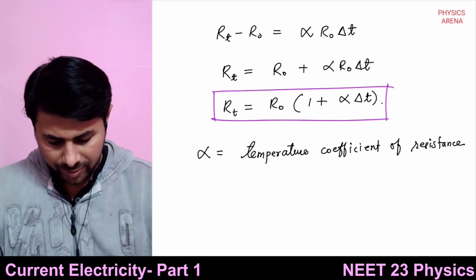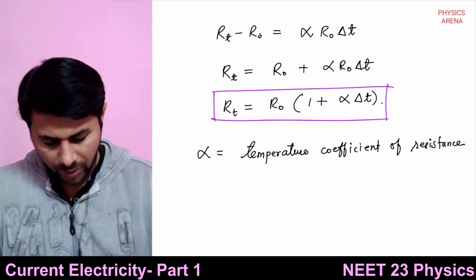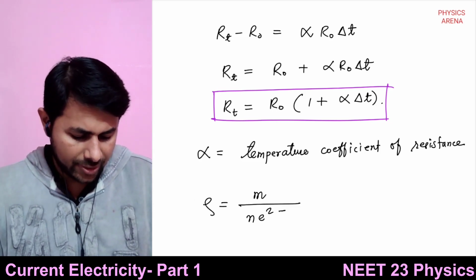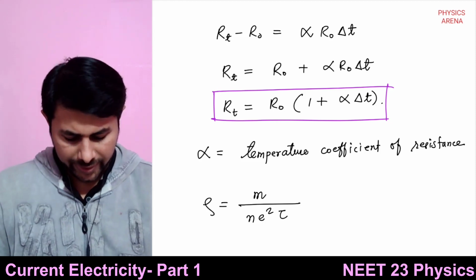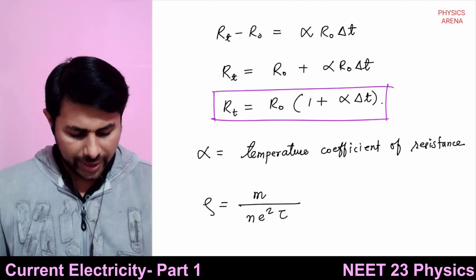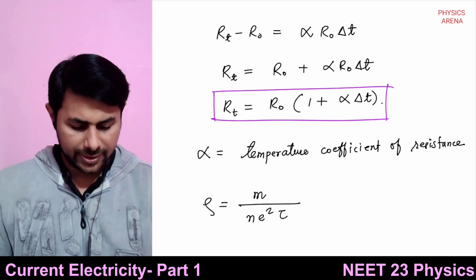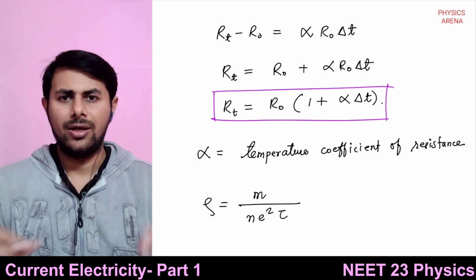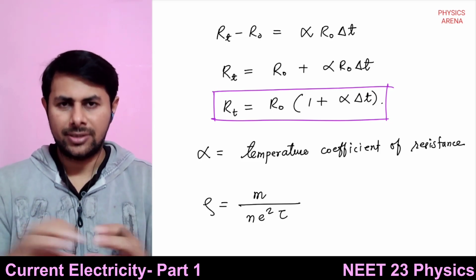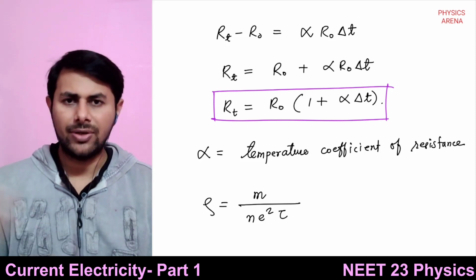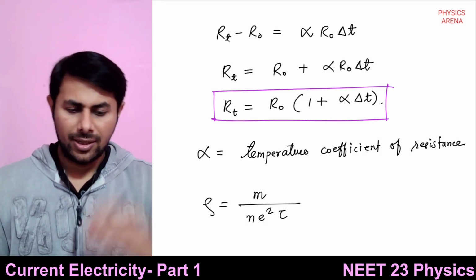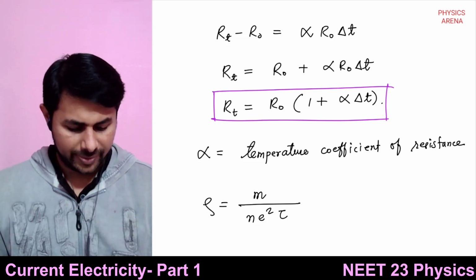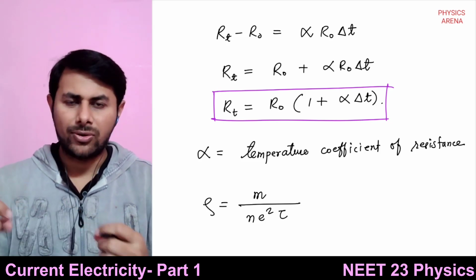So we can write the formula for resistivity: m divided by N e squared tau. For metals, as temperature increases, the number of collisions between electrons and ions or atoms inside the metal will increase because velocities will increase. Wiggling of atoms or ions will also increase, so more collisions will happen.